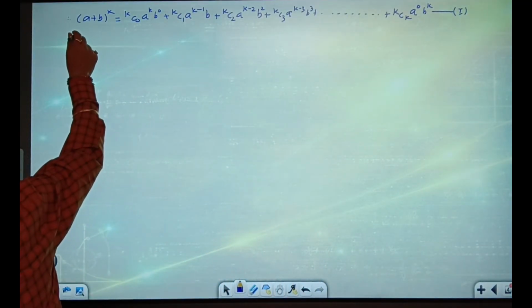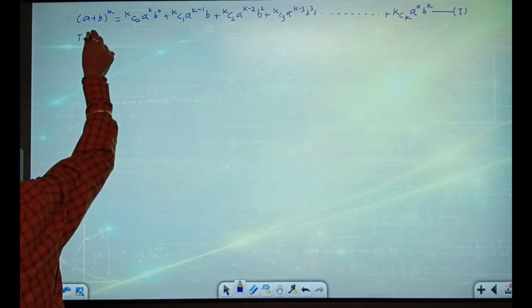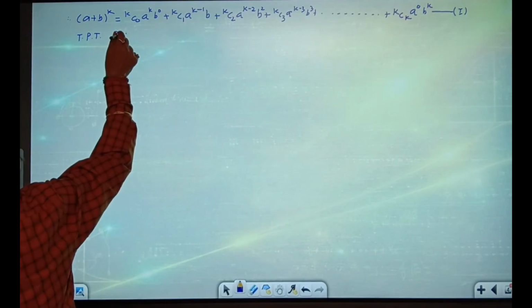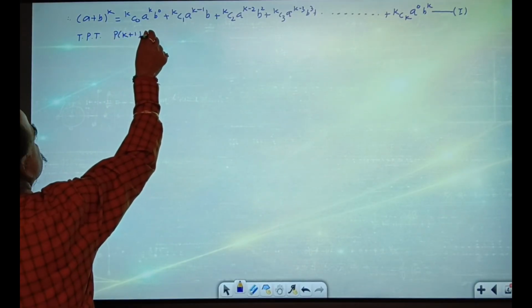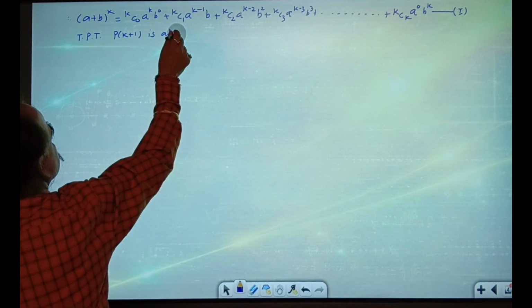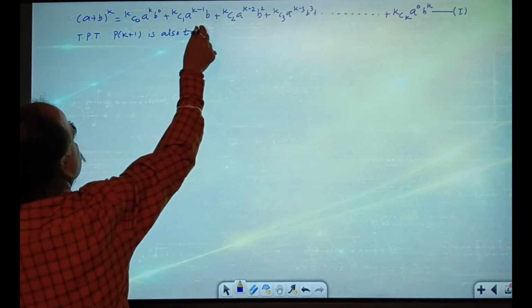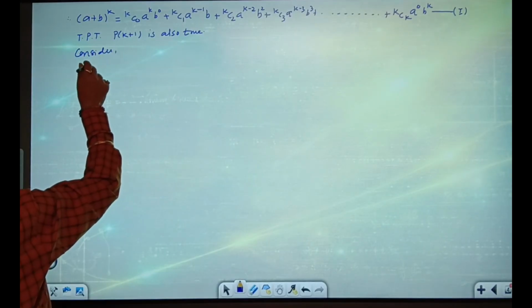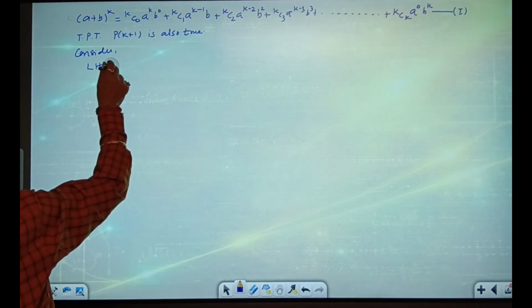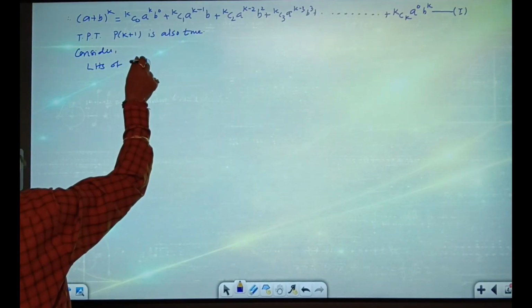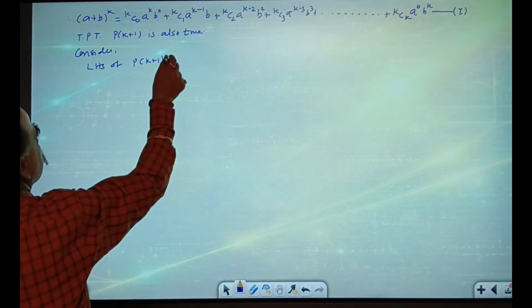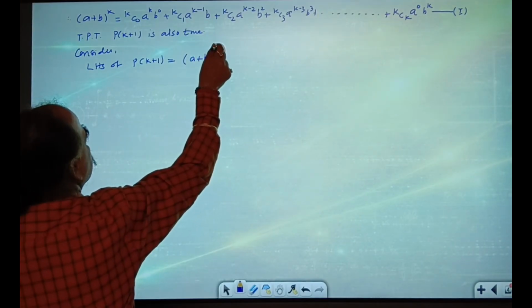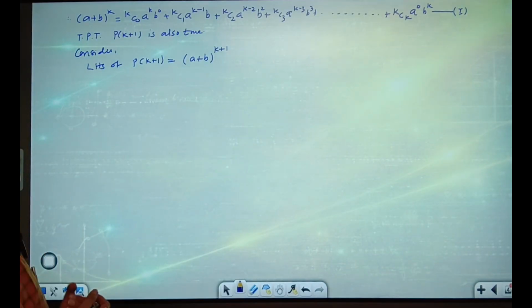To prove that, next step is what? Prove that it is true for Pk plus 1. Consider LHS of Pk plus 1, which is (a plus b) raised to k plus 1.